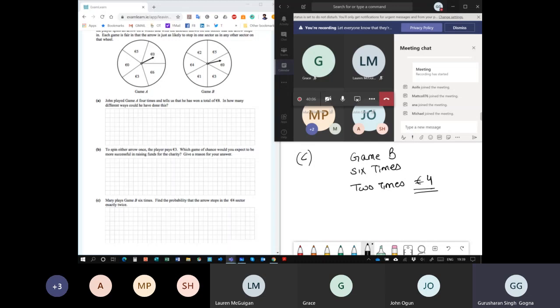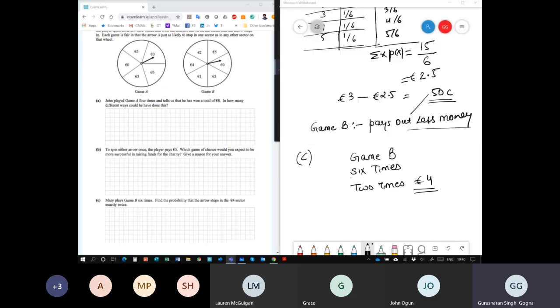So Mary is playing game B and she's spinning 6 times. Exactly 2 times. So Grace said Bernoulli trial, and you can see that it is a Bernoulli trial here because you are spinning 6 times, and it's the same experiment, isn't it?